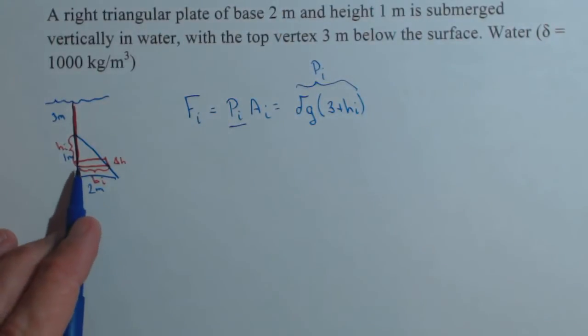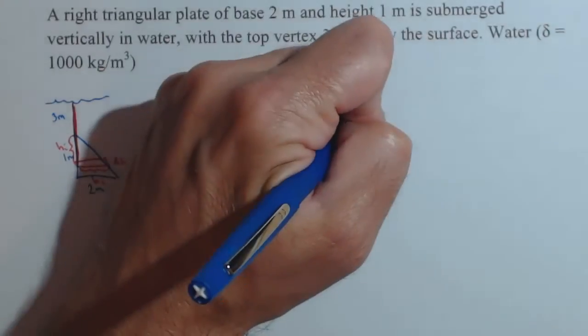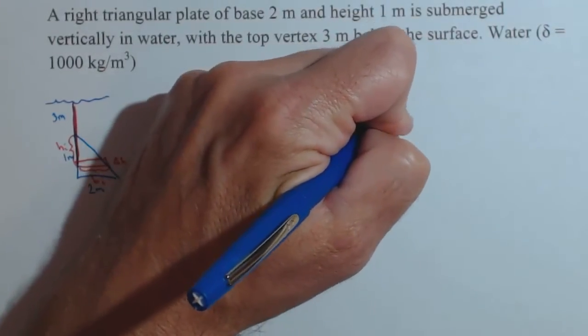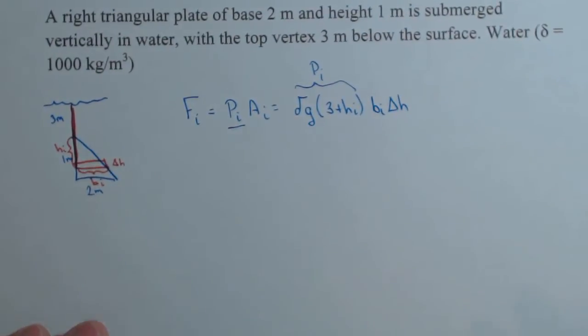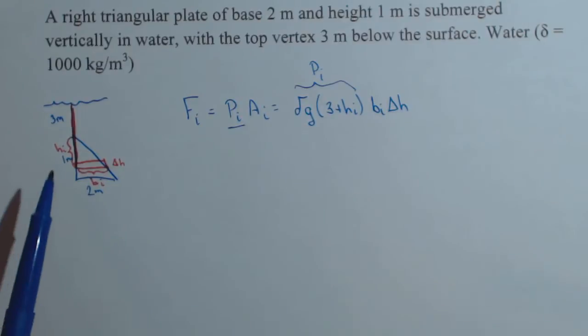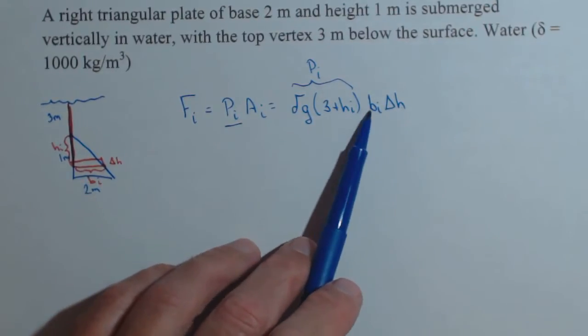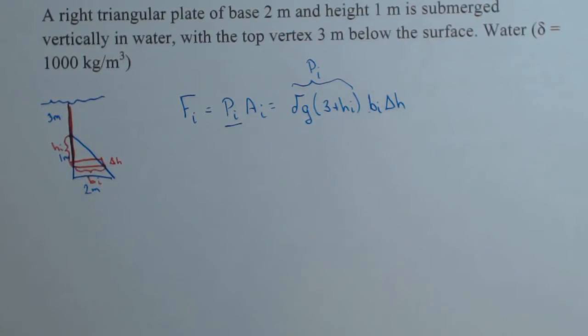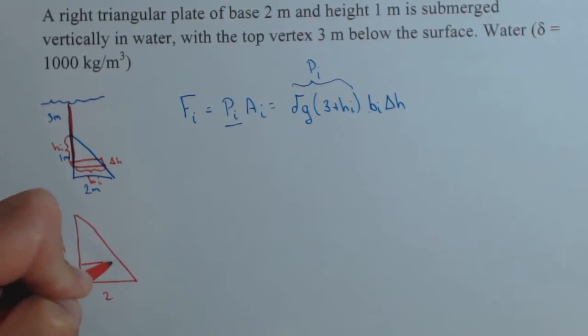Now the area of the ith slice is a rectangle. It's b sub i delta h. Now the issue you probably notice here is I have two different variables, h and b, and we'd like those to be in terms of one. Well, if I pull my drawing out, here's the plate, 2, 1, here's my slice, b sub i, h sub i.